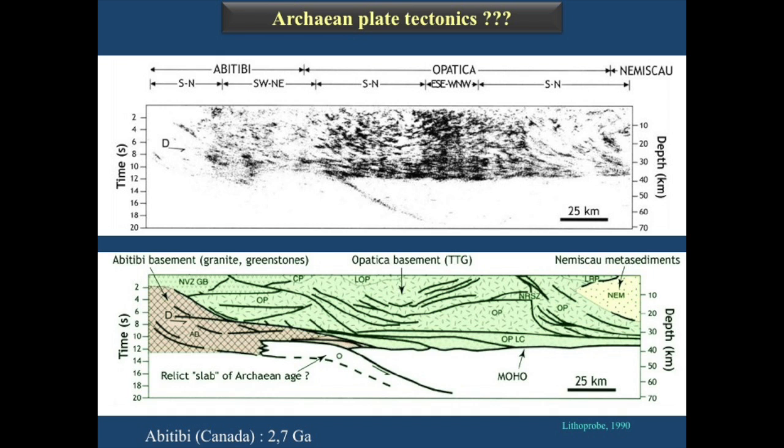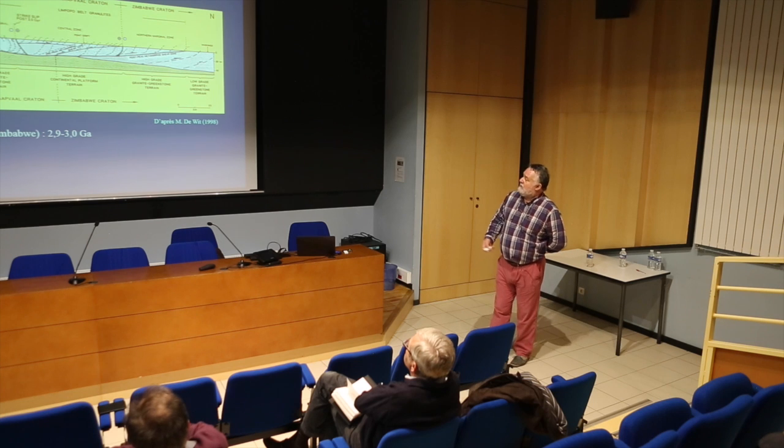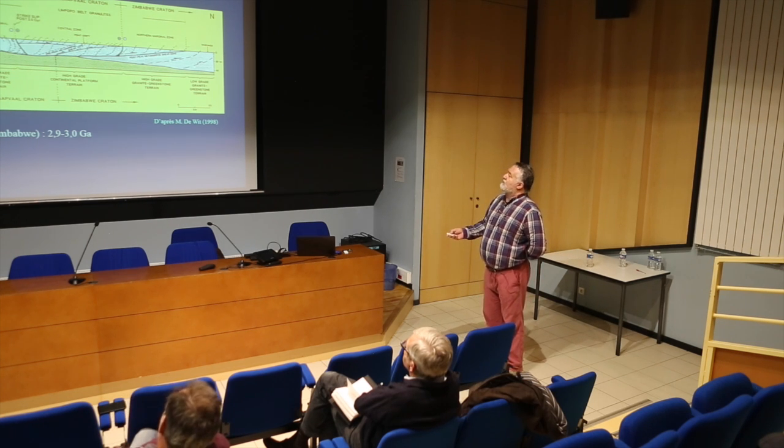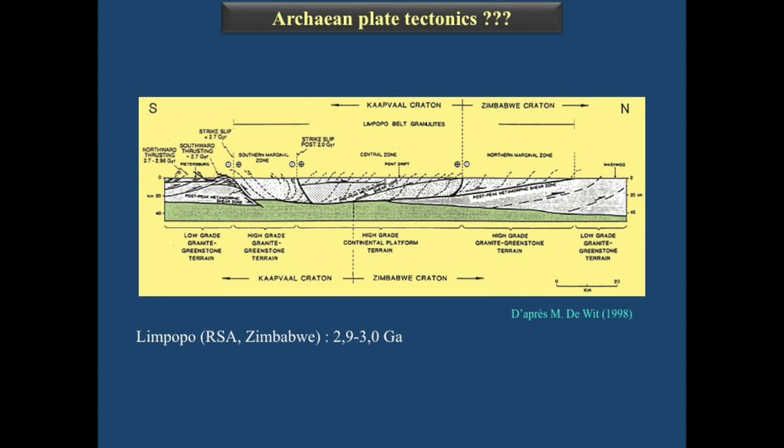Now, if we look at another place, this is the Limpopo belt between the Kaapvaal Craton here in South Africa and here the Zimbabwe Craton. So the age is 3.0. And we also have very big thrusts like this.